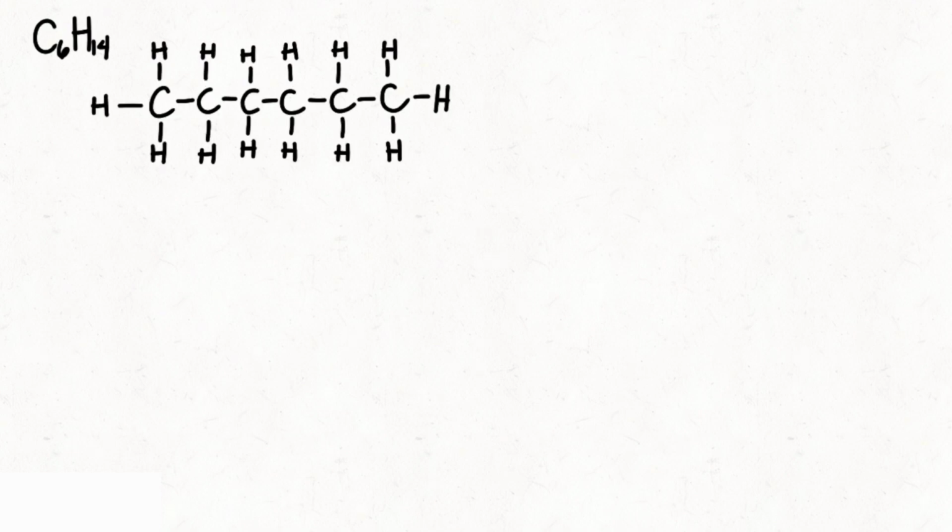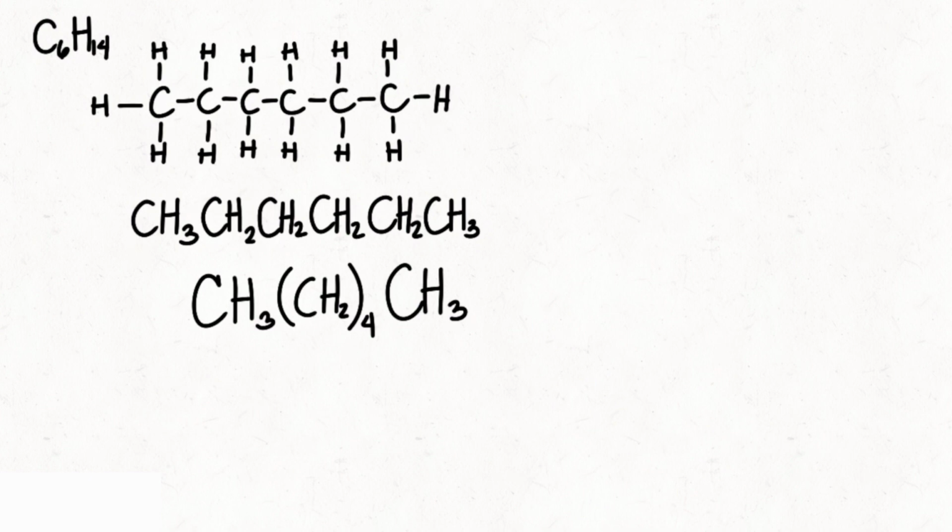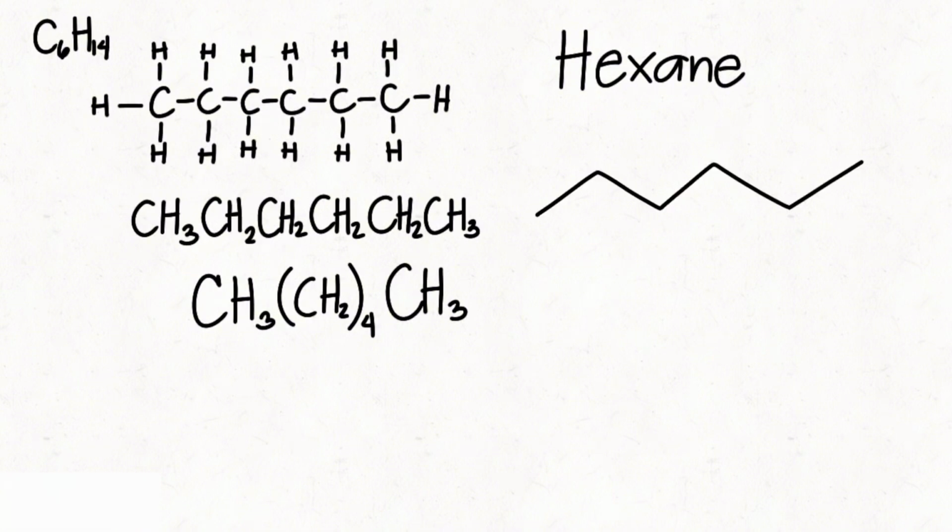So there are 6 and then just write the hydrogens. There are 14 for its expanded form. For its condensed form, it should be like that. Or you may use this shortcut. And then the name of this is hexane. Remember, the shape of a hexagon has 6 sides, so does hexane have 6 carbons. So its line structure should have 6 points.